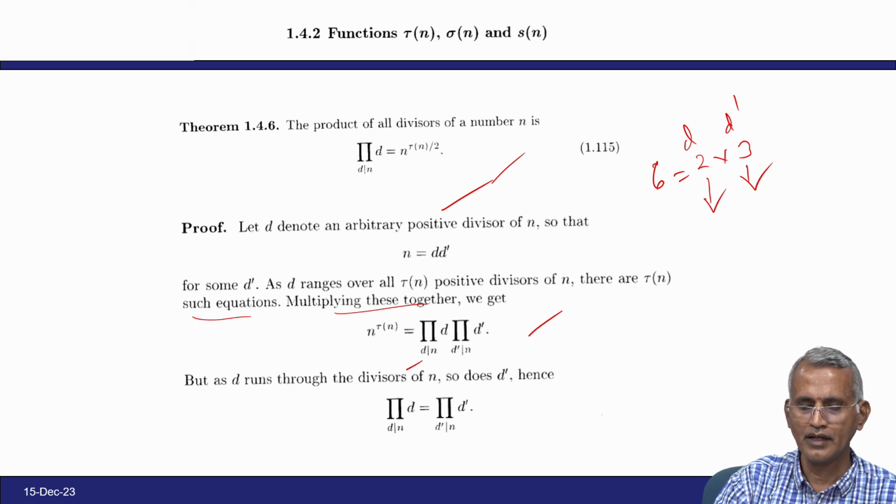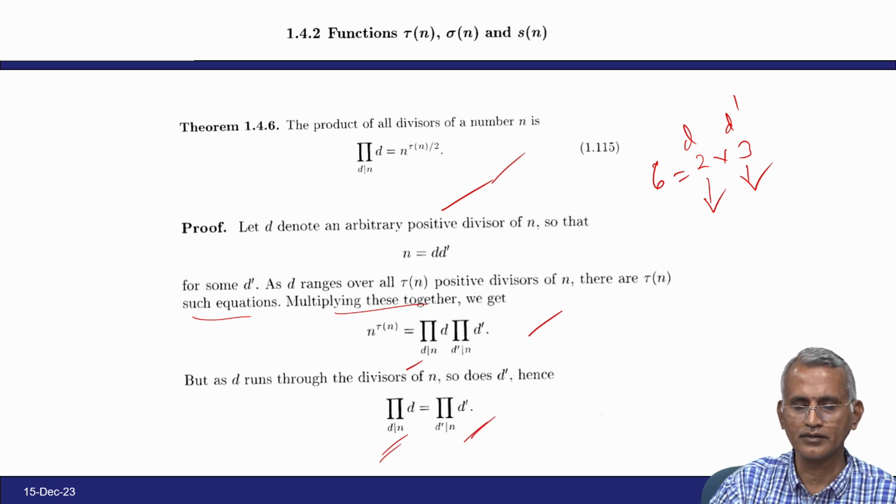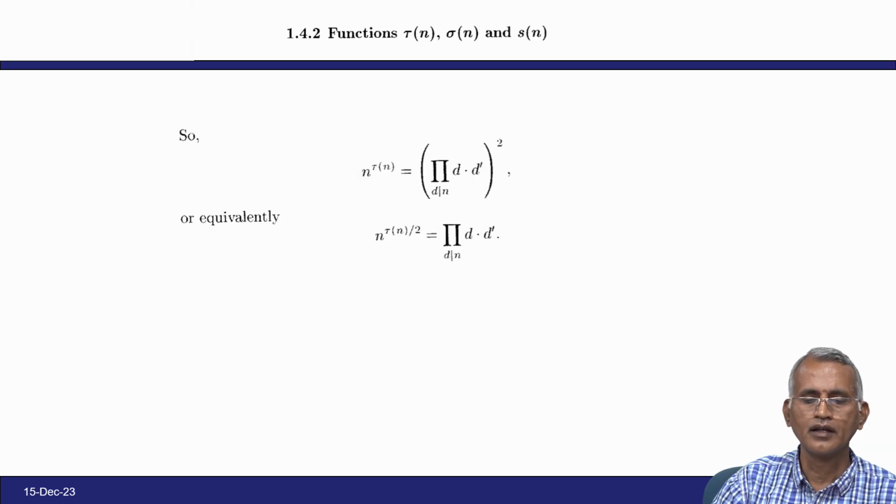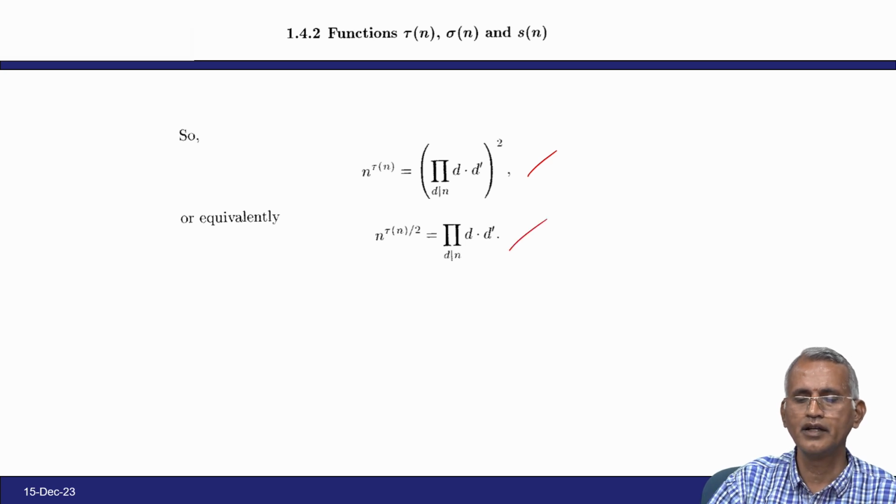So, d dash is equal to d, and the divisors are also equal to one another. Therefore, n power tau of n is equal to the product of d dividing n of d dash, whole square. Therefore, it is equivalently n power tau of n divided by 2 equal to the product of d dividing n of d dash.